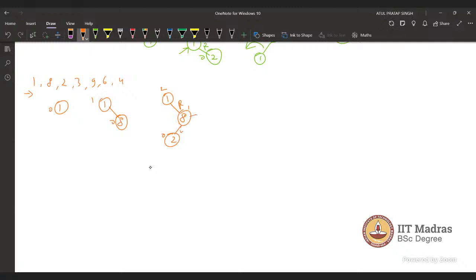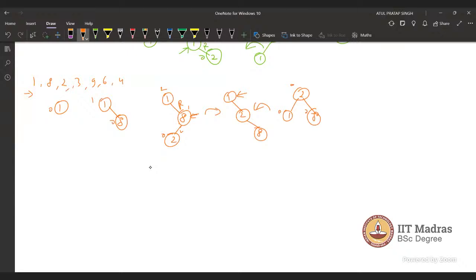So we apply two rotations. After the first rotation, clockwise, it is 1, 2, and 8, and we apply one rotation here. So 2, 1, and 8. After two rotations, it becomes balanced.